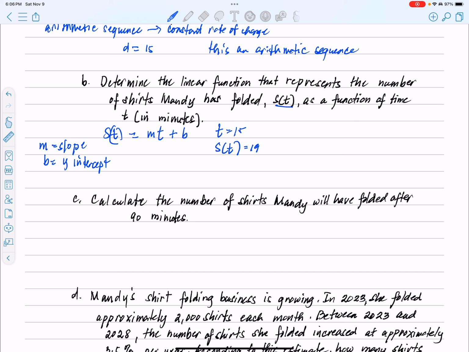If we substitute 19 for S of t, and m is the one we're looking for, and t is 15, then we could evaluate.